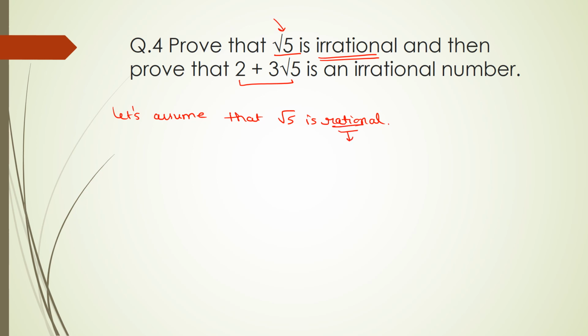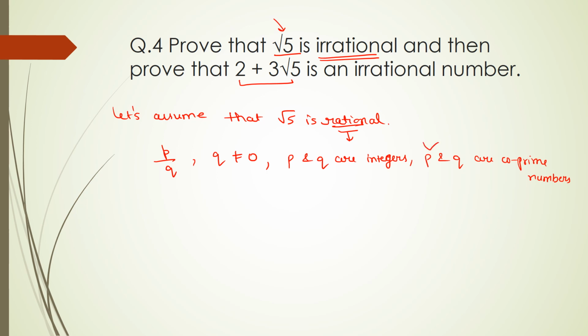If I ask you to define rational numbers, what will you say? Those numbers which are in the form of p by q, where the denominator should not be equal to 0, and p and q should be integers, correct? Also, one condition is that p and q are co-prime numbers. What do we mean by co-prime?